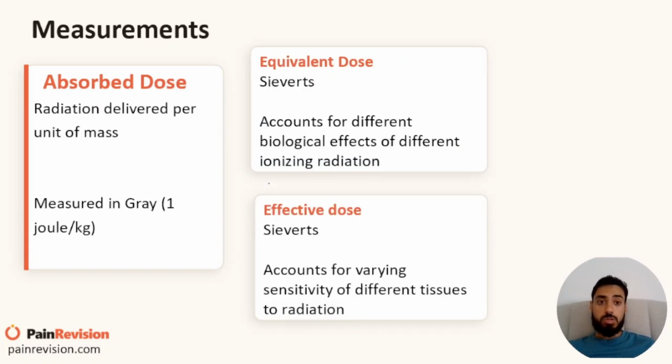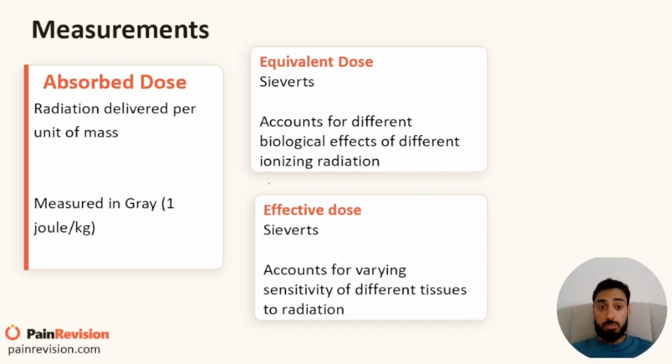Because the absorbed dose is the one that is more relevant in clinical practice, we'll focus on it a little bit more. The absorbed dose is basically, like we've said, the amount of radiation being absorbed by the tissue. We measure that in gray. But if you remember from the beginning of the talk, we have different forms of ionizing radiation. We've got X-rays, gamma rays, alpha particles.